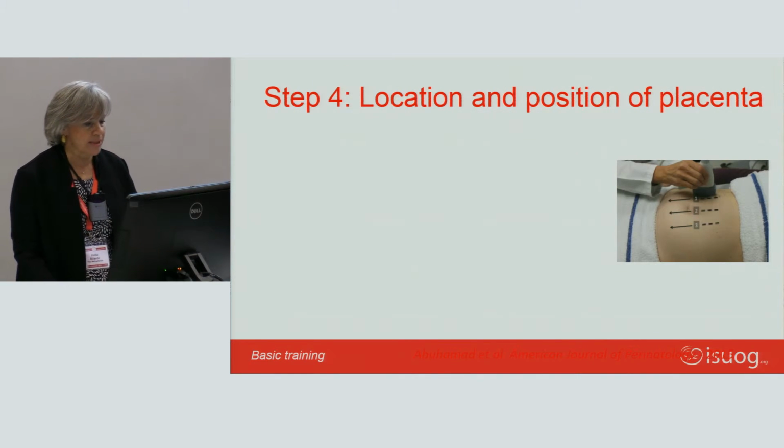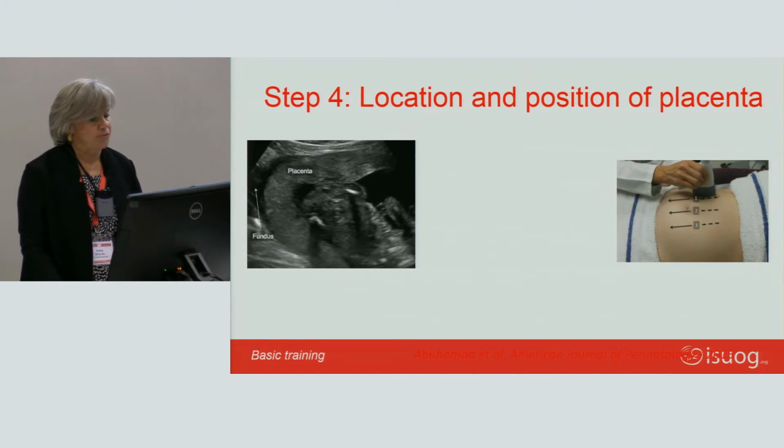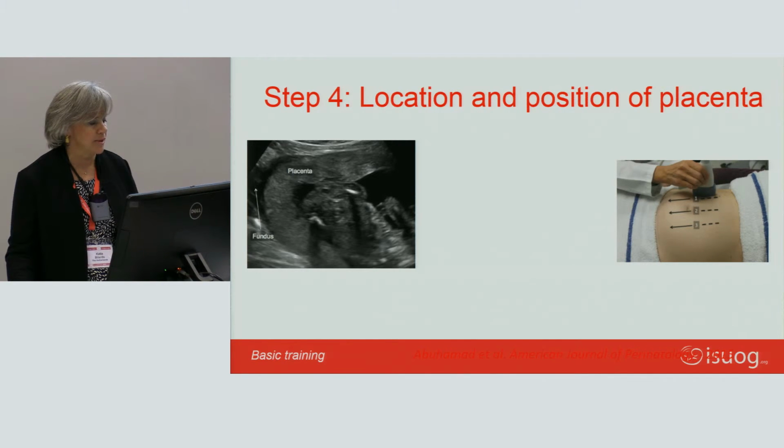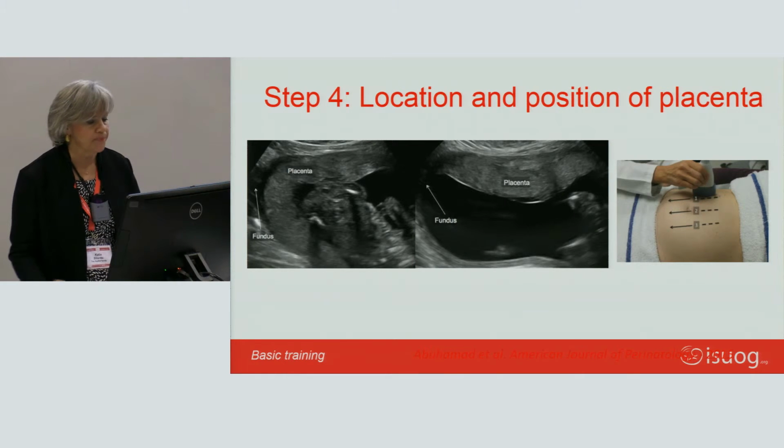If the placenta has a fundal position, we will see the fundus of the uterus and the placenta on the fundus, also extending a little bit to the anterior wall.